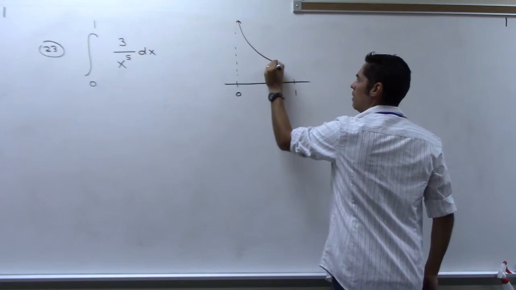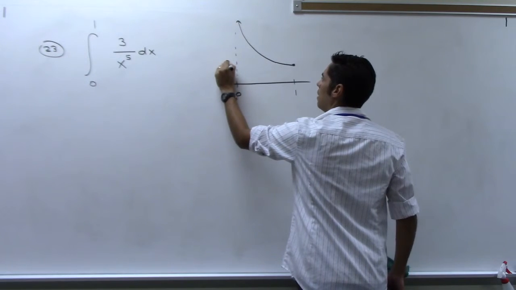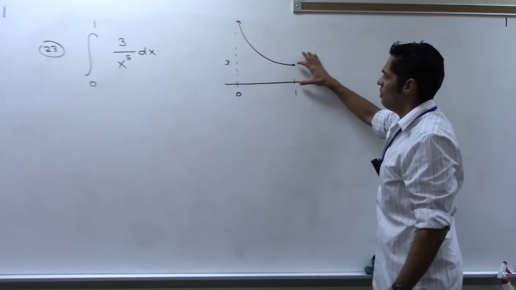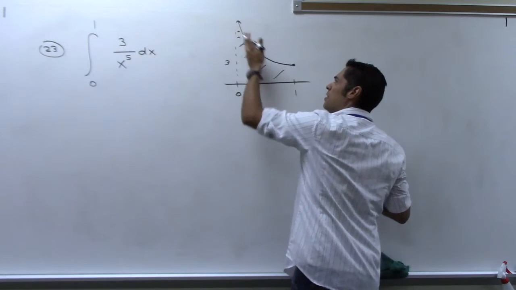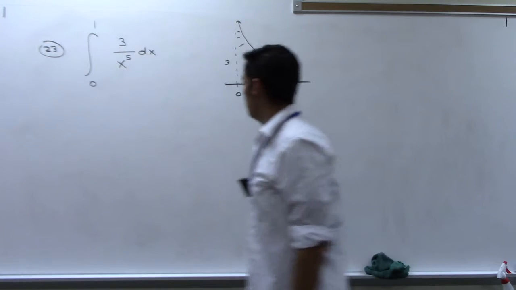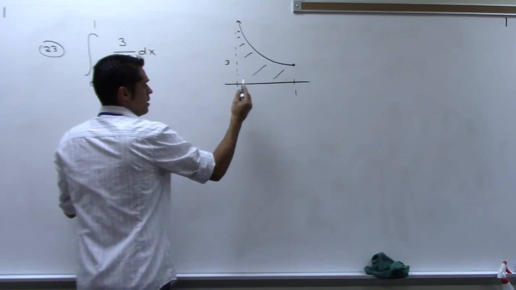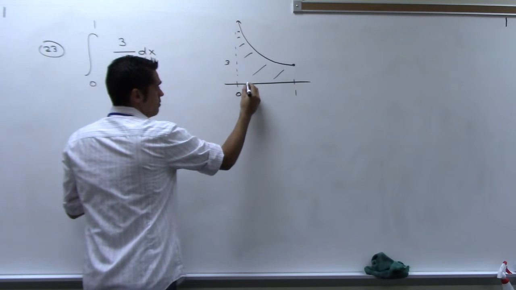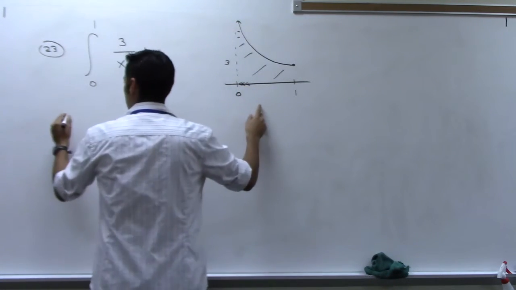Let's see, at 1 it just comes over here. I think at 1 it's at 3. That's how high it is. So I'm trying to find the area under here, but we have this infinite region up here. So what we do is because our interval is to the right of 0, when we come in this way, we're going to have to set up our limit as follows.